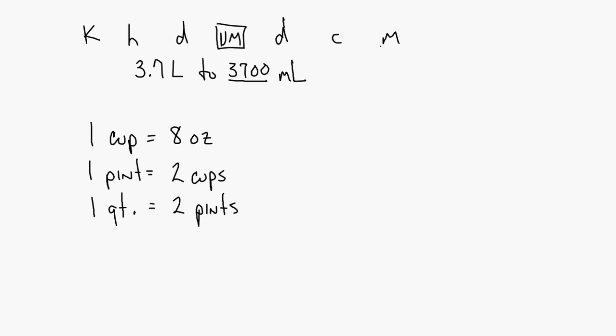Here, leave some room. We're going to make this easier. 1 gallon is 4 quarts. 1 gallon equals 4 quarts.